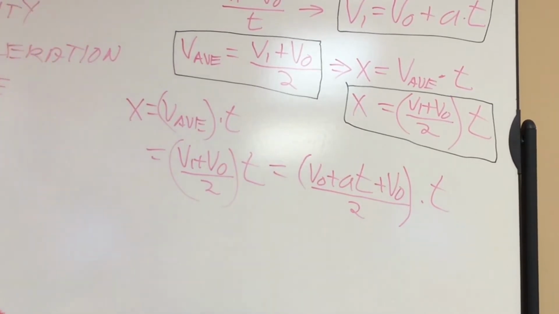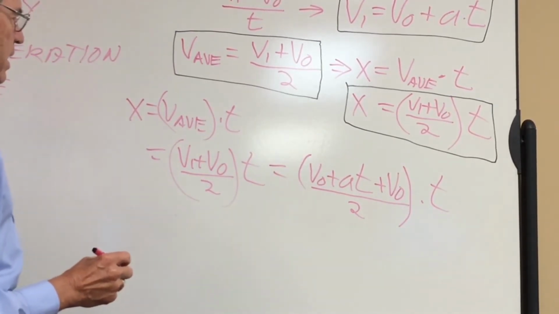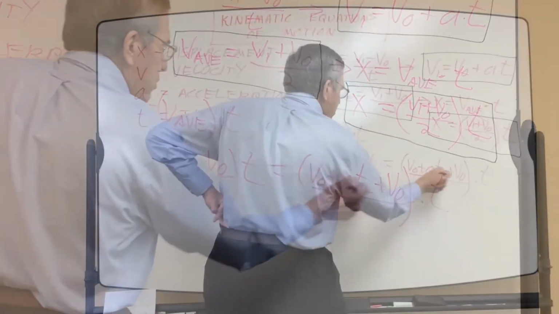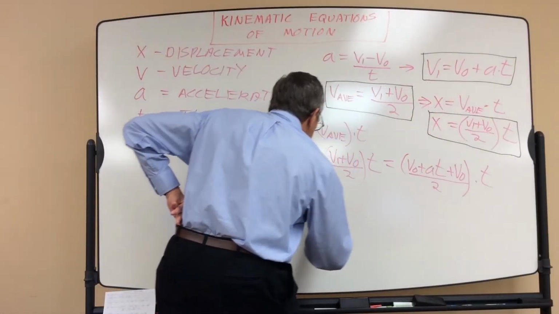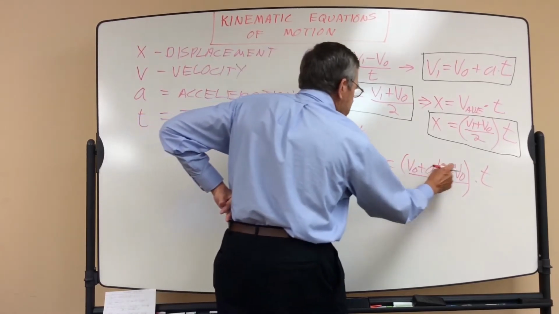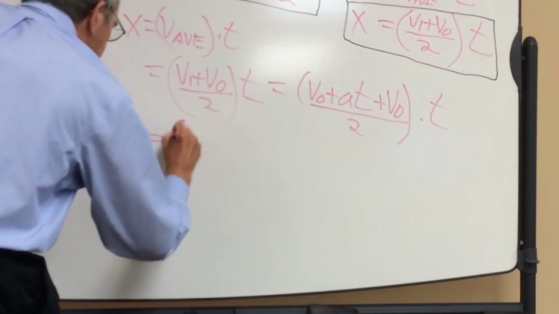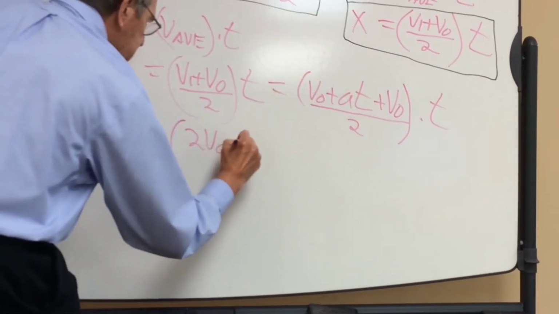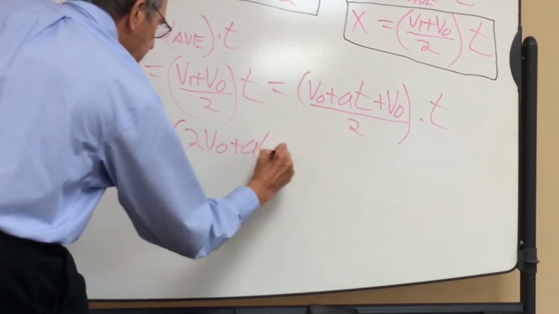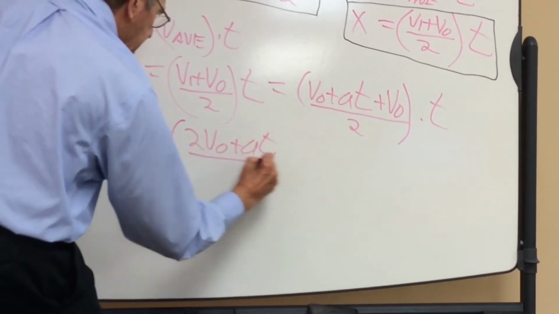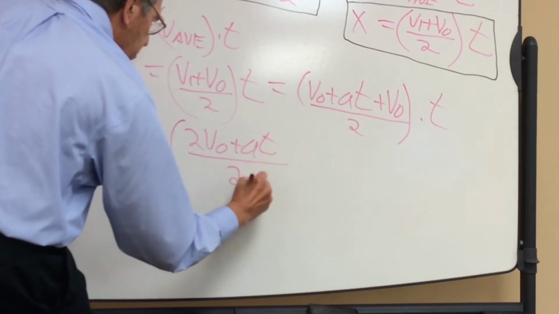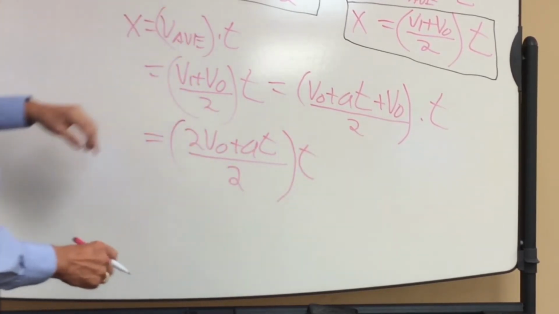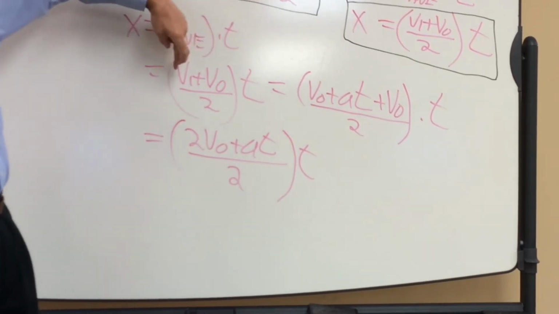Now, let's see how we might go about this. Let's gather the two V0s together. So we have V0 plus V0, so that's 2V0. We still have our plus AT, and then we'll divide that by 2 times T. So all I've done is take this and plug it into here.